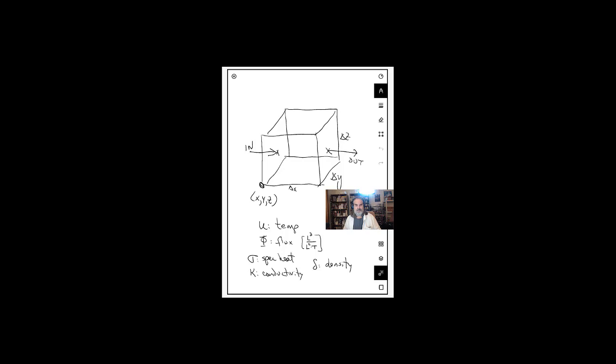On the left face, we have a coordinate x, y, z marking that lower corner, and the edges are, of course, delta x, delta y, delta z. Because we're only allowing one dimension physically in this problem, we're only looking for a heat flow as a function of x and t, we assume that any flow at this marker on that left face is the same as it is here and here and here.